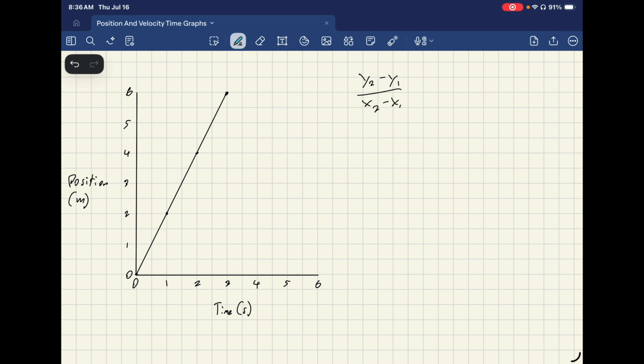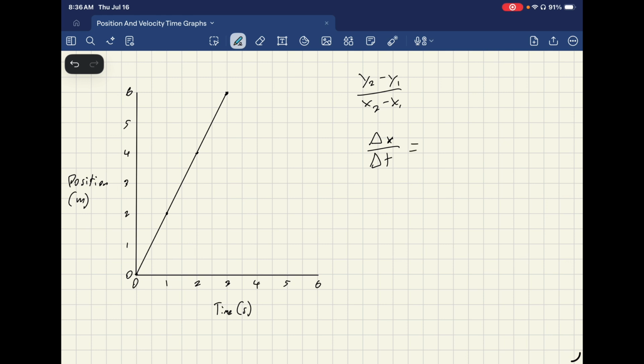In our case, our position is the y values and the time is the x values. So you could also say delta x, which x is what you normally use to denote position, over delta t. So change in x over change in time.